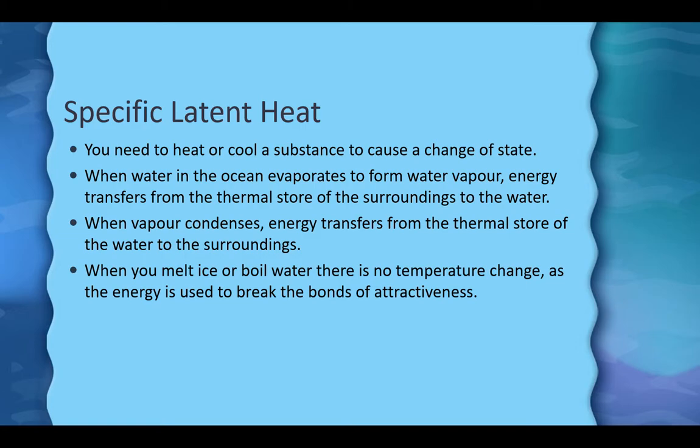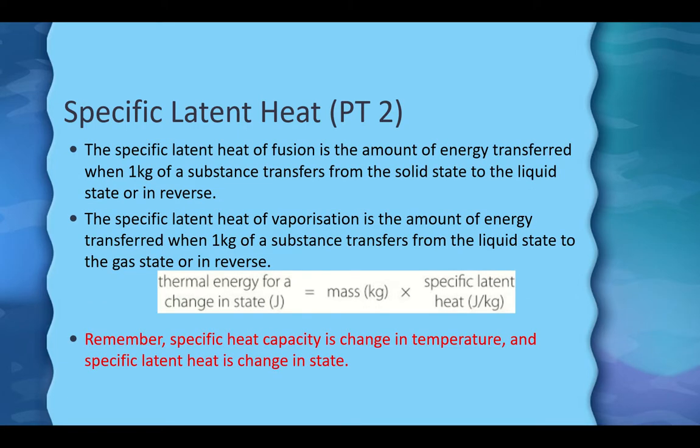So, for example, when water in the ocean evaporates to form water vapor, energy transfers from the surroundings to the water, and then the opposite happens when water vapor condenses. So basically, when you have a change of state, there's no temperature change while there's a change of state, because the energy is being used to break the bonds of attractiveness rather than increasing or decreasing the temperature.